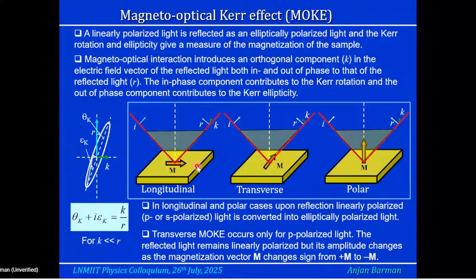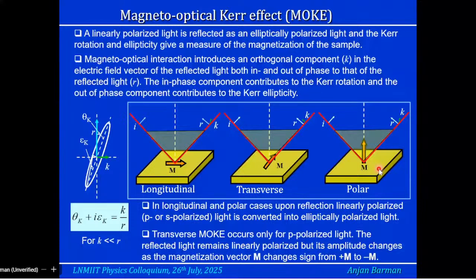You have a longitudinal geometry where the magnetization is longitudinal. We have a transverse geometry when magnetization is in the transverse direction to the plane of incidence, and you have a polar geometry when magnetization lies in the plane of incidence, but is actually perpendicular to the surface of the magnetic body.